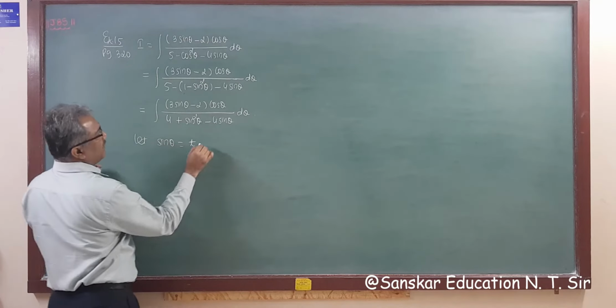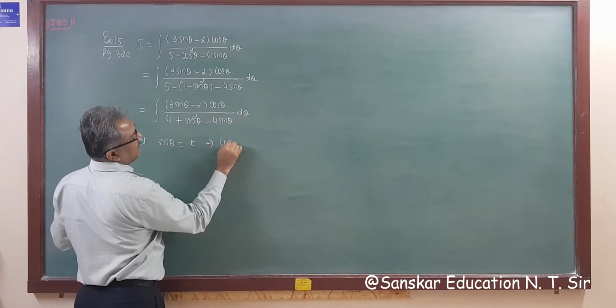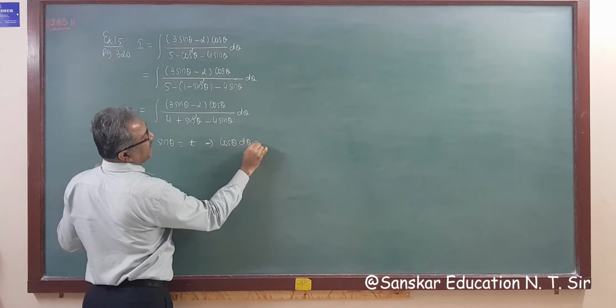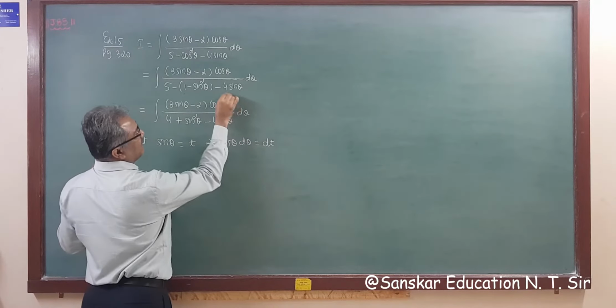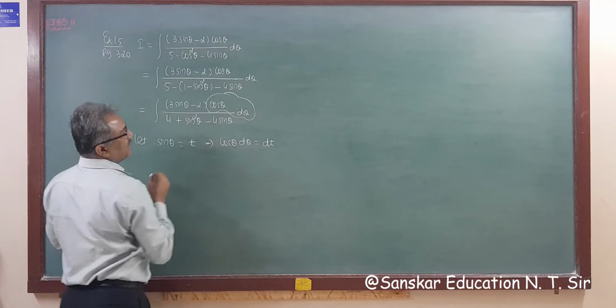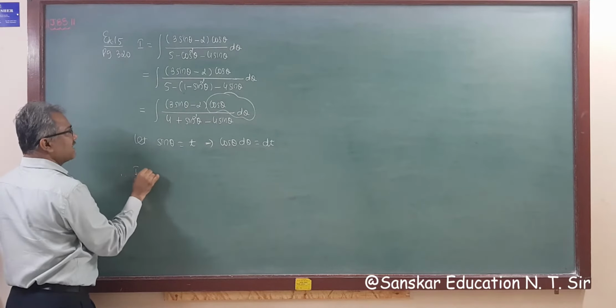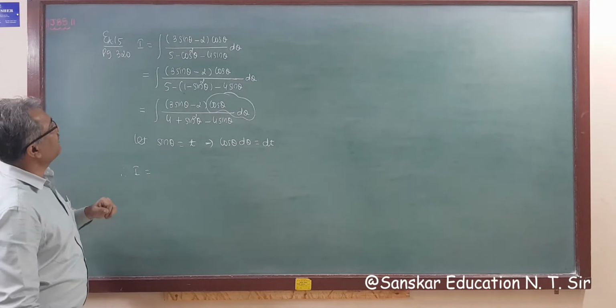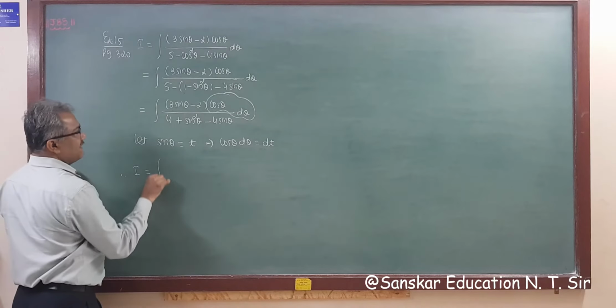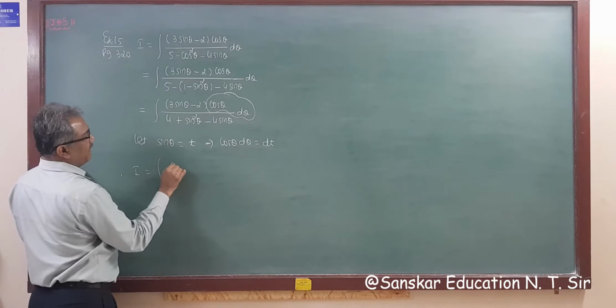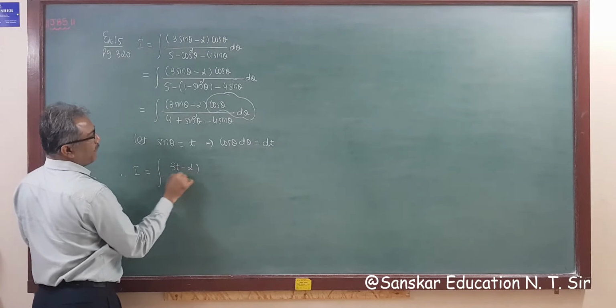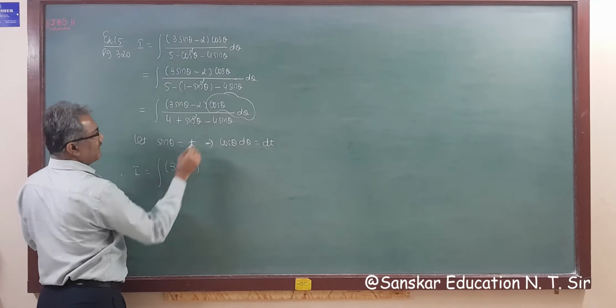So assuming let sin theta is equal to t, the derivative of this is cos theta d theta is dt, that is this thing is your dt. So I is equal to the integration of 3t minus 2, this cos theta d theta is dt.